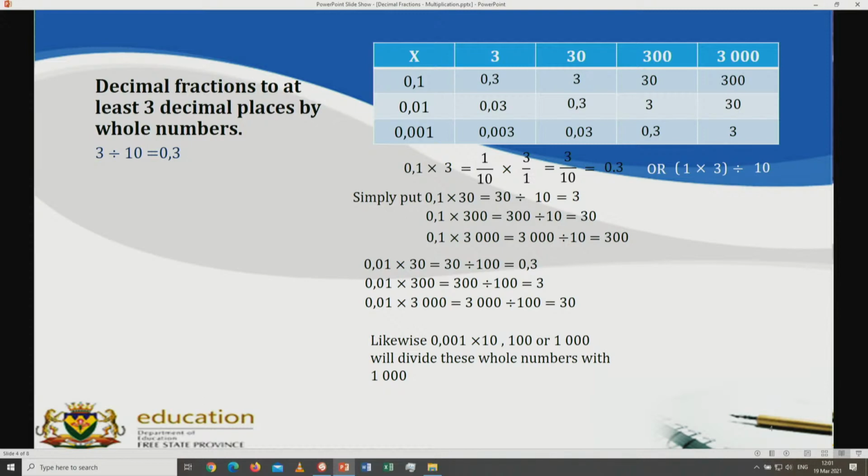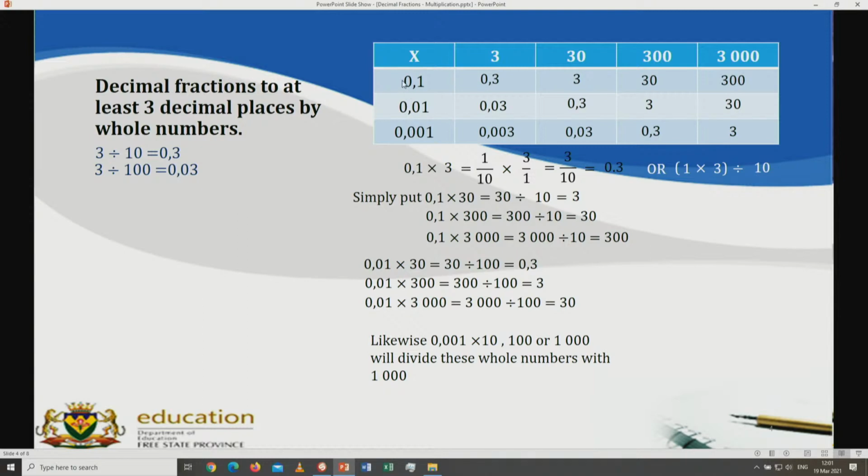Now you'll see when we do these calculations, these different methods, how are they going to come together at the end. Right? And then a 3 multiplied or divided by 100, now let us take this one.